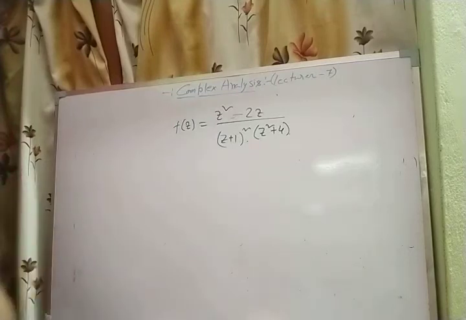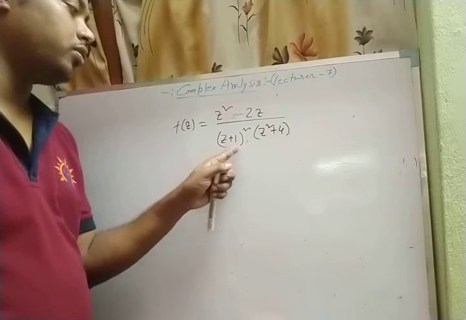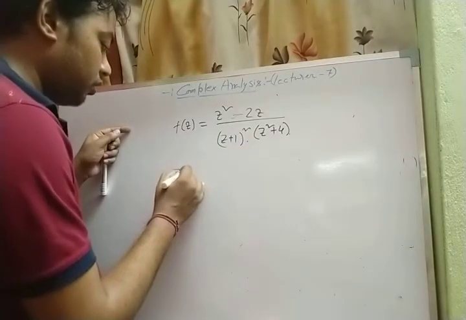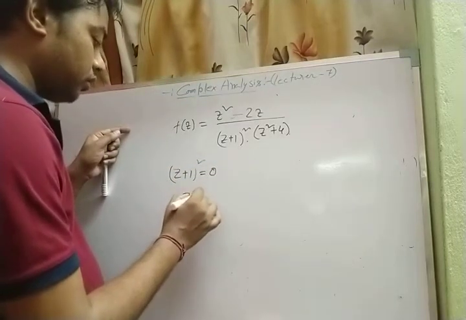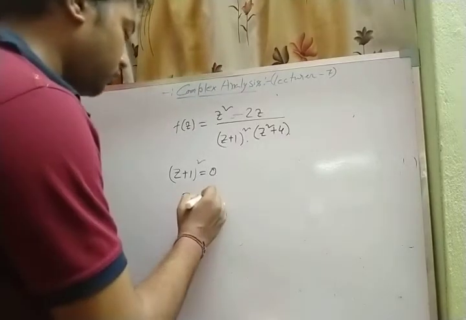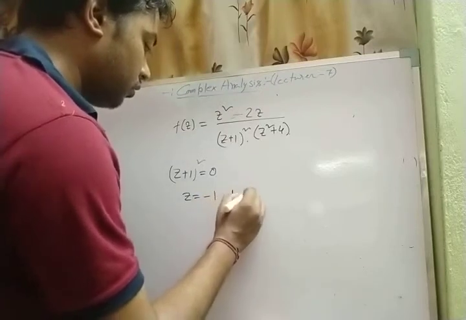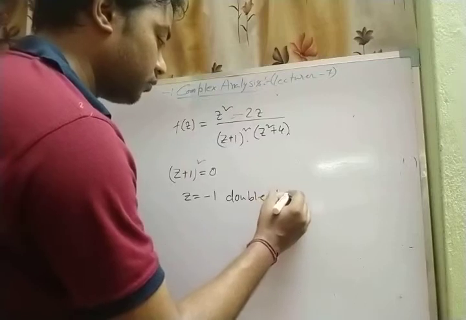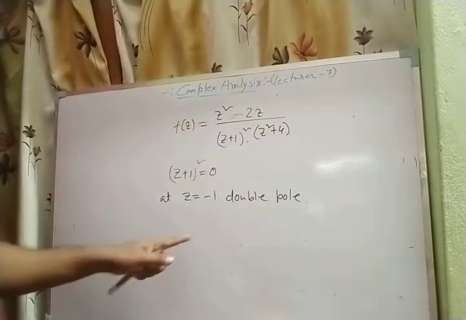How can we calculate the poles? We can calculate the poles by considering this part equal to 0 and this part equal to 0. So by putting (z + 1)² = 0, we get z = −1, and it is a double pole. At z = −1, the function has a double pole.